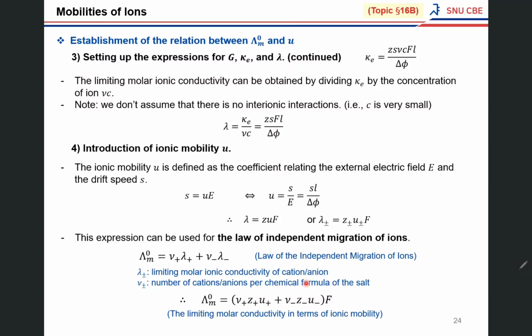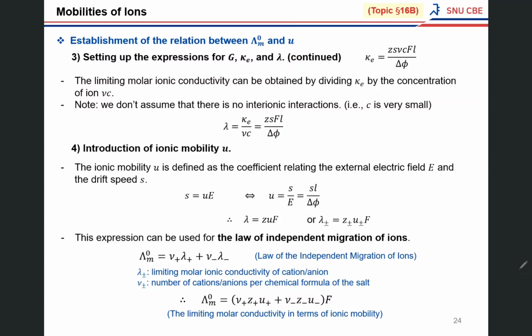We call this the law of independent migration of ions, reflecting the assumption that there are no ionic interactions. All the ions move independently without experiencing interactions between ions. All the movements are governed by the ion-solvent interactions with the surrounding solvent molecules.